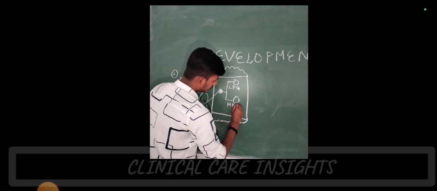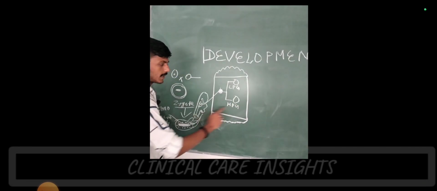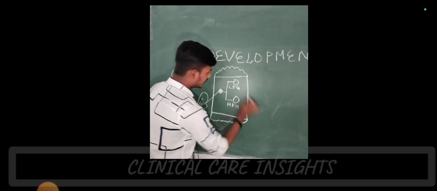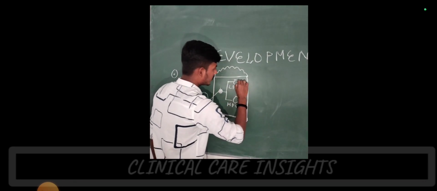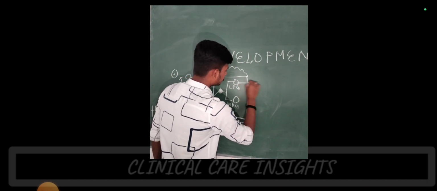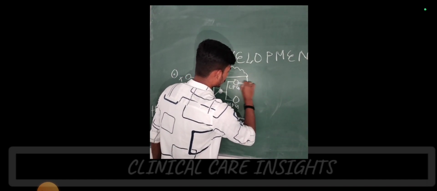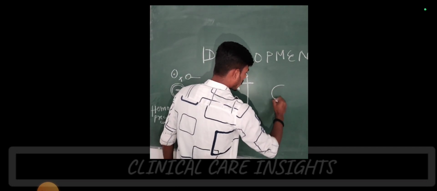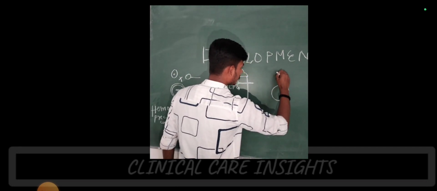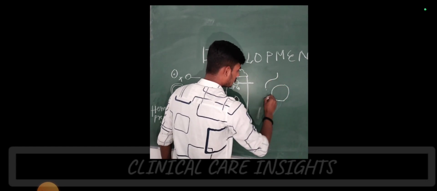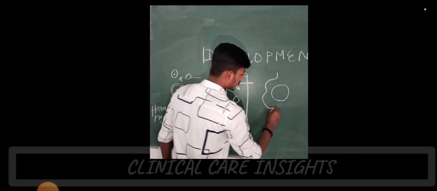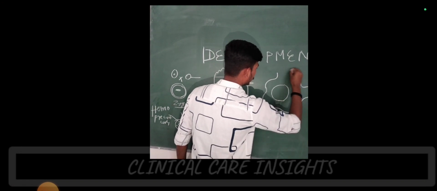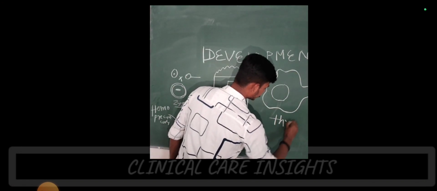These lymphoid progenitor cells will further go to one bilobed structure, and that bilobed structure is called the thymus.